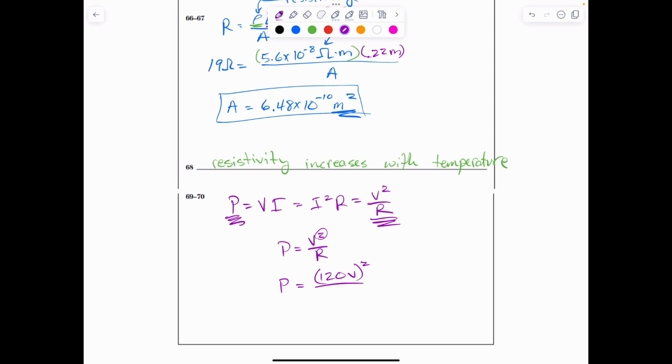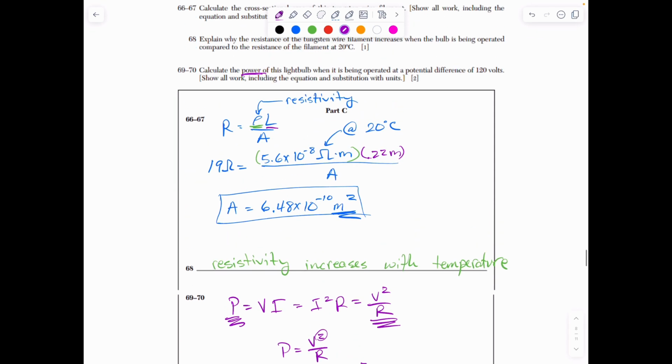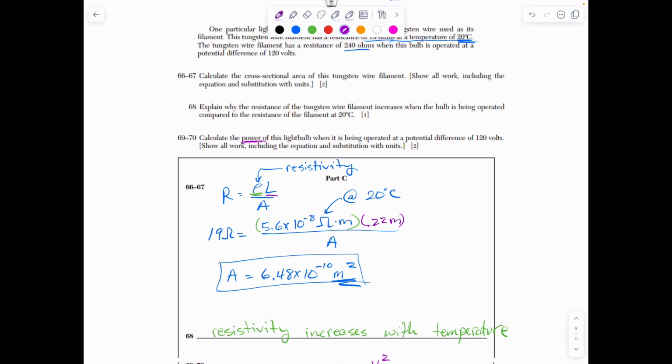And then we're dividing. Now, we have to think about which resistance are we dividing by? They were giving us two of them. Previously, we used the 19 ohms because it was at 20 degrees. Now, we're actually operating the light bulb. If 120 volts are going through it, it's heating up. If it's heating up, it's at this higher resistance.